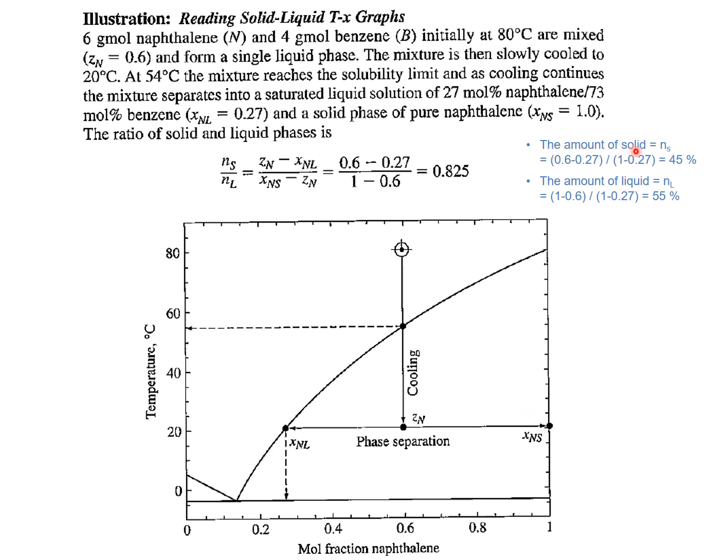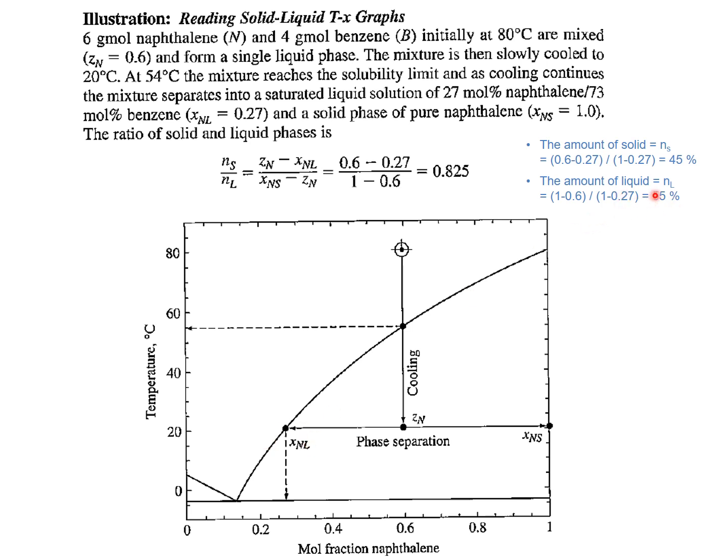The amount of solid is about this one, 0.6 minus 0.27 per total length, 1 minus 0.27. Then 45% of the total amount is going to the solid, pure naphthalene. And the amount of liquid could be calculated from this length. It means 1 minus 0.6 per the total length of this line, 1 minus 0.27.